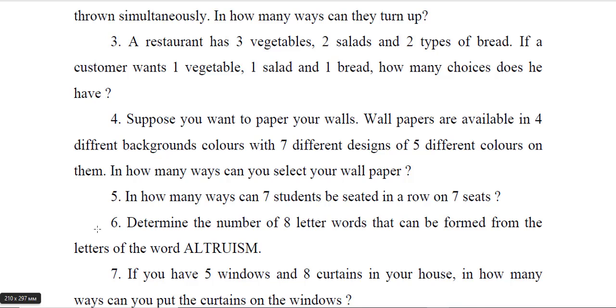For example, consider number 6: determine the number of 8-letter words that can be formed from the letters of the word altruism. You need to find how many 8-letter words can be formed from these letters. How many letters do we have here? We have 8 letters, but we need to find how many ways we have, consisting of these letters only.